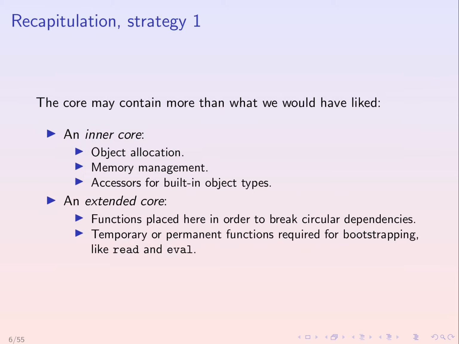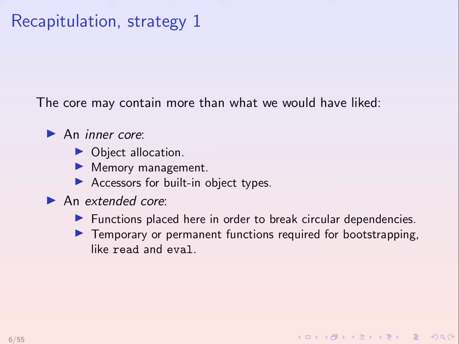So in fact, the situation that we have is that we have an inner core and we have an extended core. The inner core contains all that we had hoped to have to write in the implementation language, namely object allocation, memory management, accessors for built-in object types, basic arithmetic.